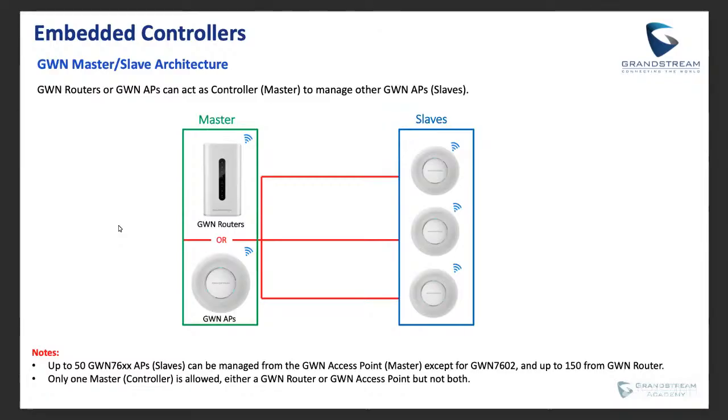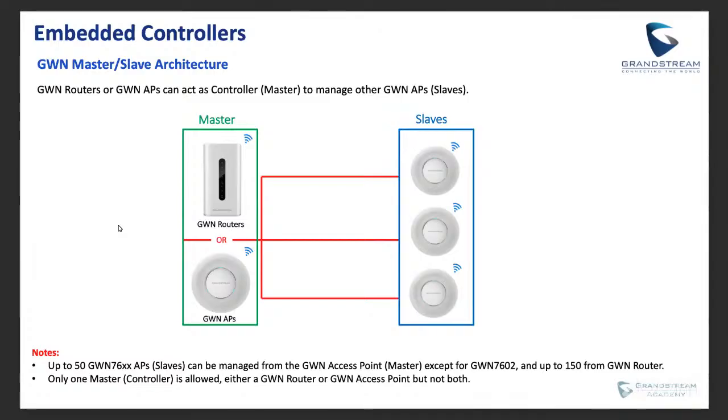Here in the example, we have an access point and we have a router. So there are 50 devices for each of your access points and 150 on your routers, as routers have more ability to process information, so they have a higher capacity to control other devices in the system and route them towards the internet.